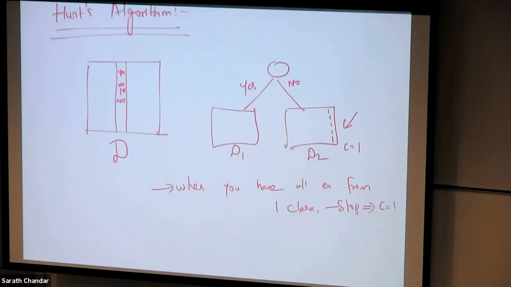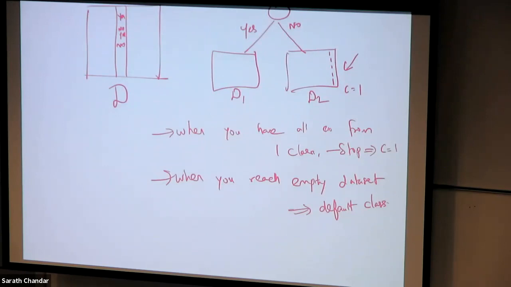Similarly, when you reach an empty data set, your class label is going to be some default class. For example, in the case of a bank application, banks don't want to take risk, so the default option is to not give a loan. If they're not sure about the case, they would say no loan. So you have a default class.